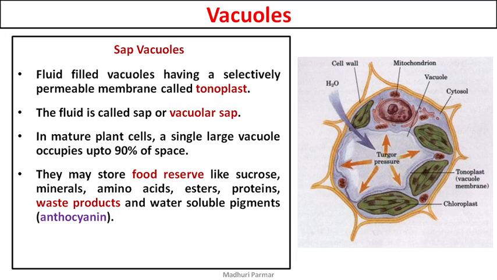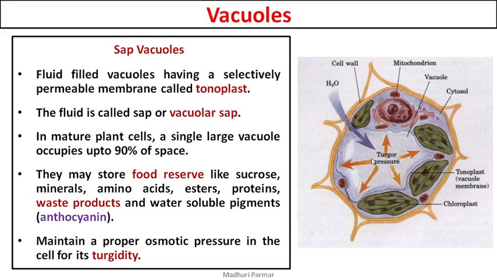So the beetroot is red because of the presence of this water soluble pigment, some colored material called anthocyanin. Then you must have also heard of purple cabbage. Have you seen purple cabbage? That purple cabbage is also because of anthocyanin. Clear? So this anthocyanin type of soluble pigments are also present inside the sap vacuole.